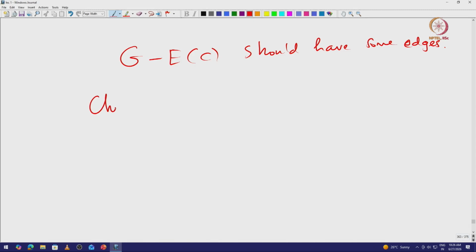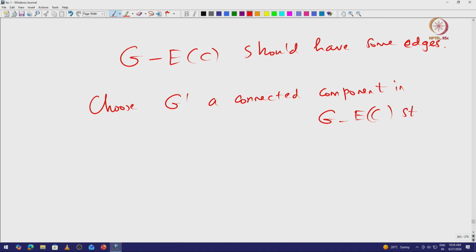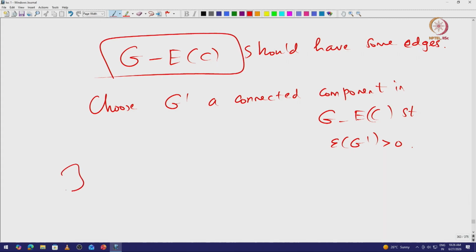So, choose G dash, a connected component in G minus E of C, such that epsilon of G dash is positive, because that is possible. So, this has definitely some edges. Okay. So, that is what we are doing.